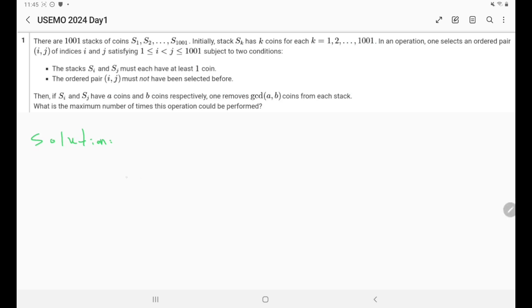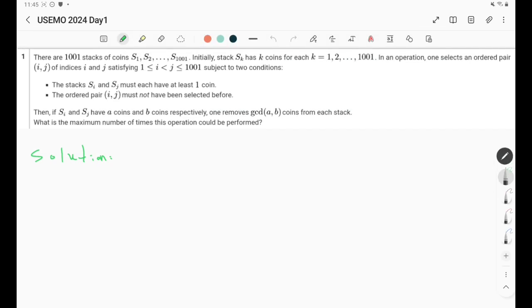First of all, let's see what exactly the process is telling us, to understand it better. Let's say we choose some pair, and this pair has A and B. Then what we are doing is subtracting the GCD from both of them.